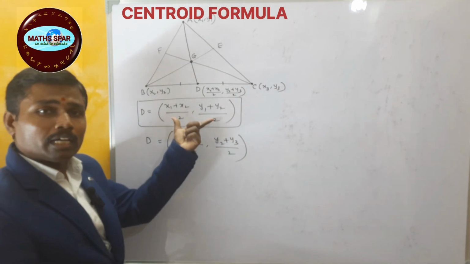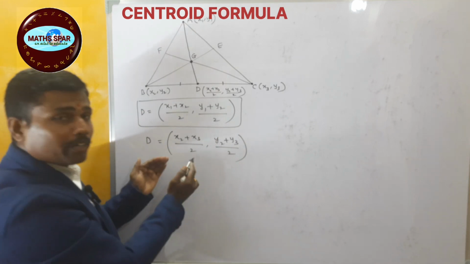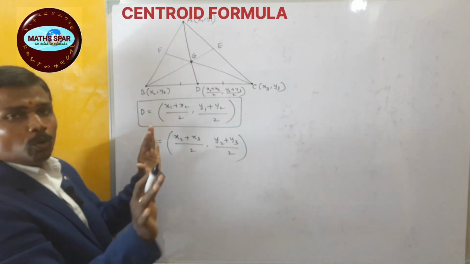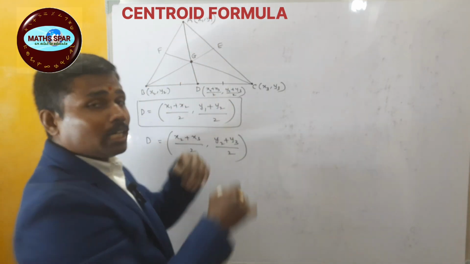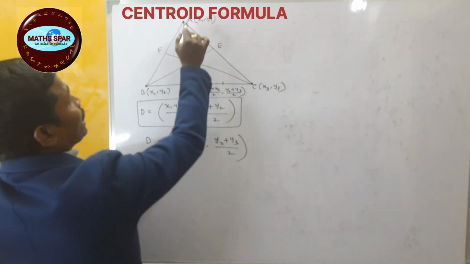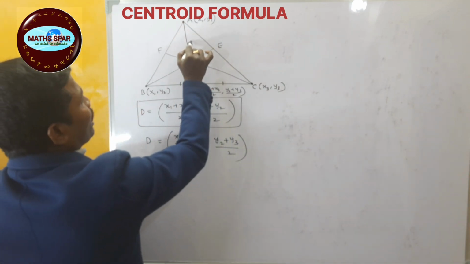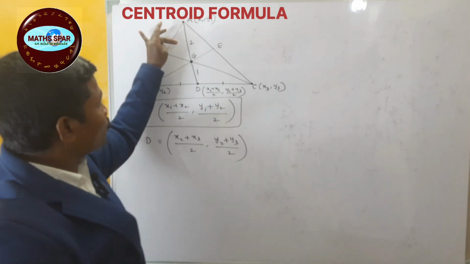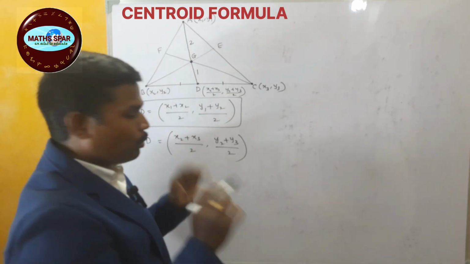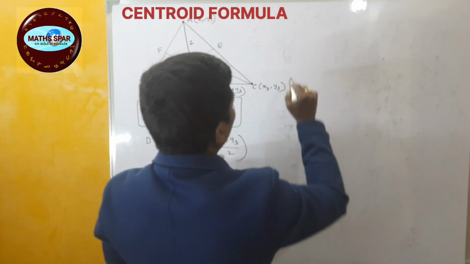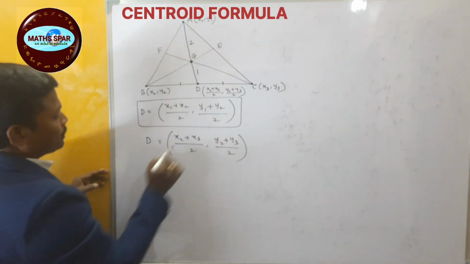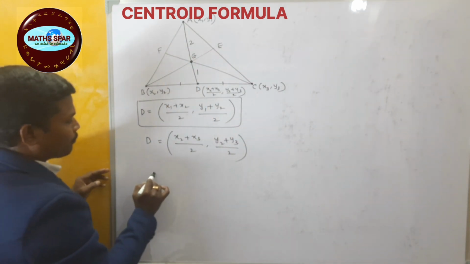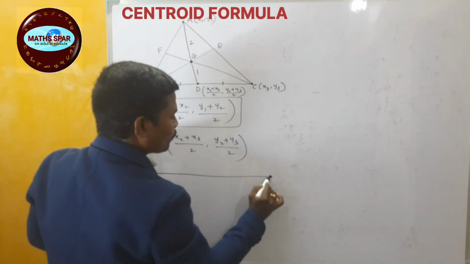This is the formula in which we have substituted and found D. Now as we learnt before, G is dividing the median AD in the ratio 2:1. Now let us have a look at this particular median.